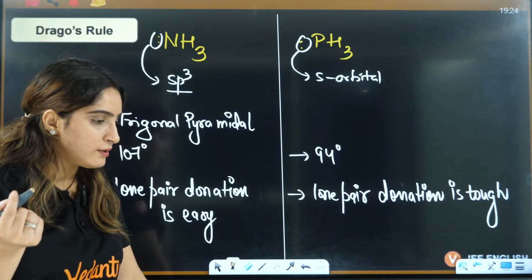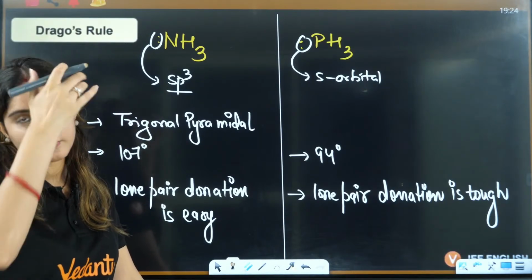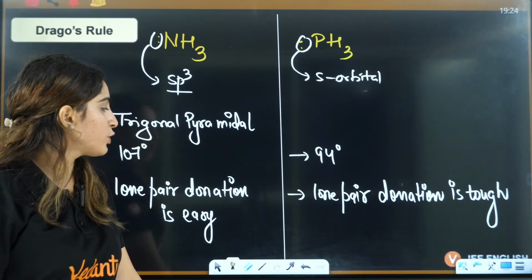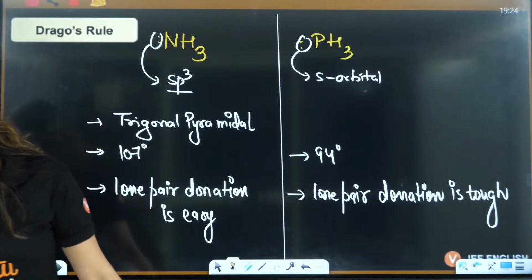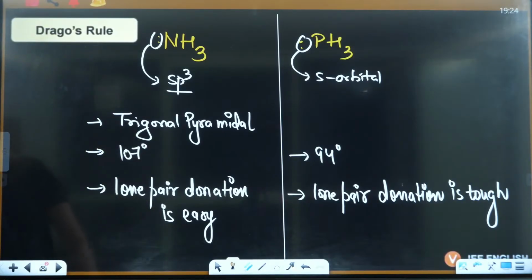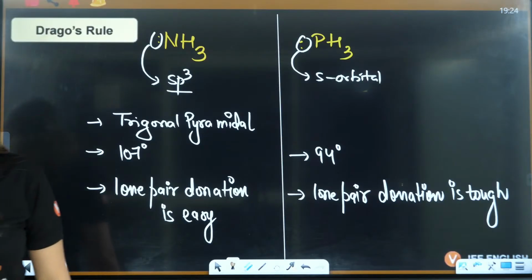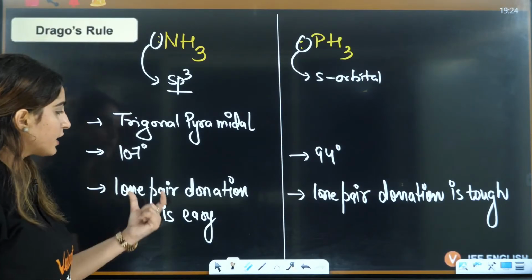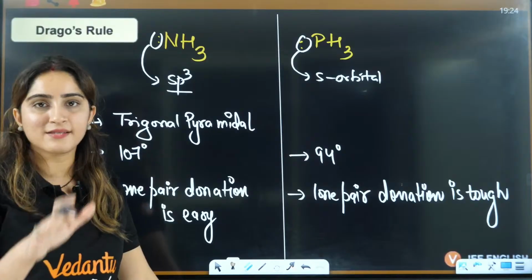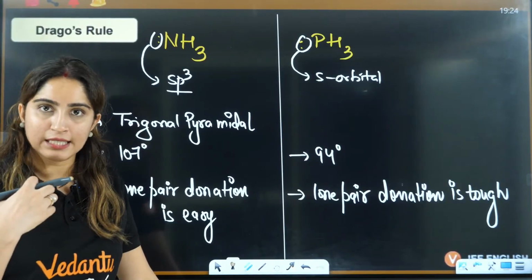So tell me, in this case what will you do? Which will be a better base, which will be more basic? So here we know that a Lewis acid is electron deficient, right?